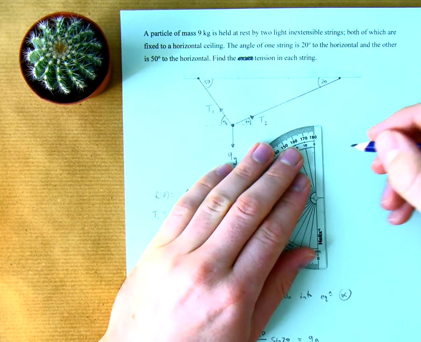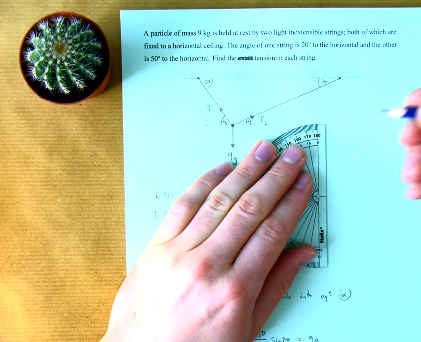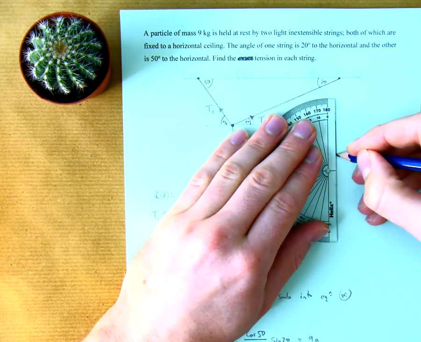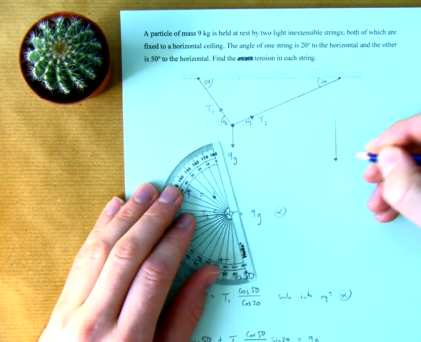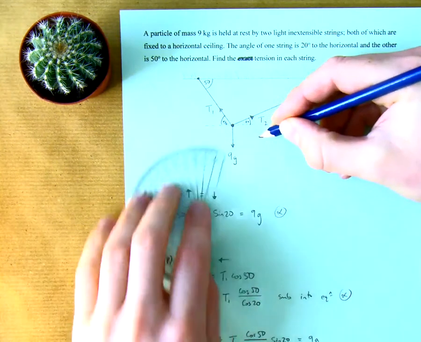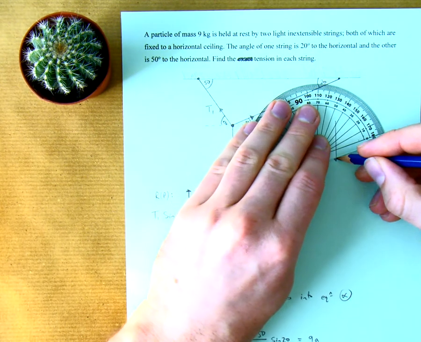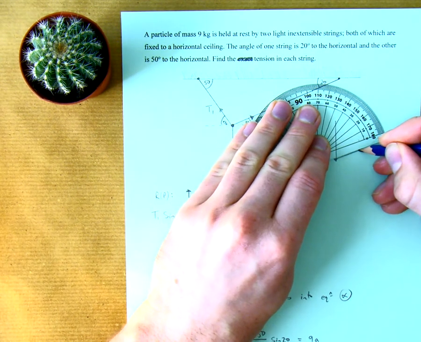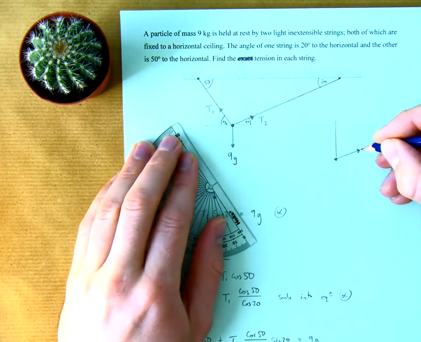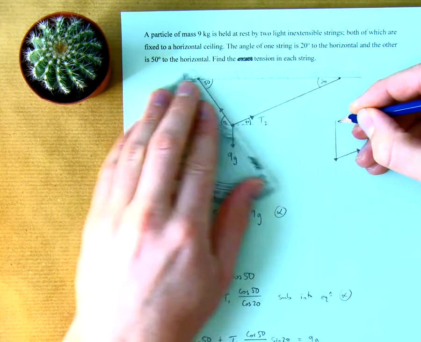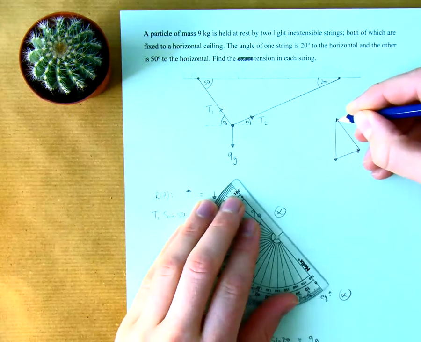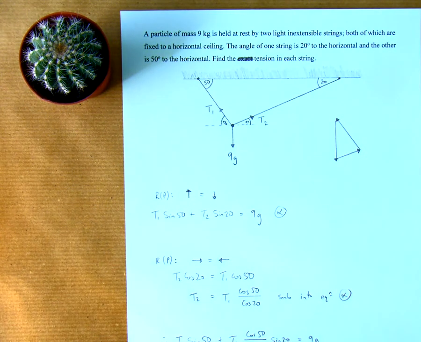For example, I have my 9g, weight straight down, and then I'm going to put my T2 in there, and then my T1 going from tail to tip in that direction, and it must form a closed loop because the particle is in equilibrium.